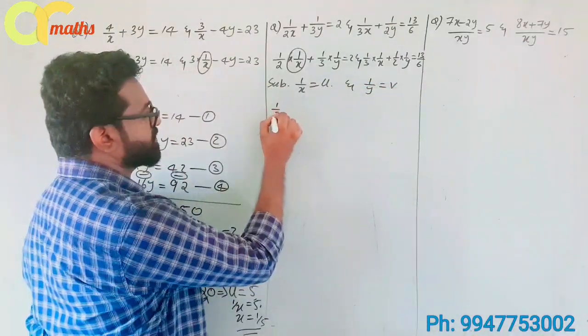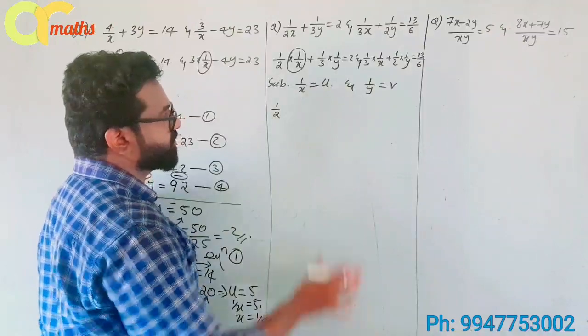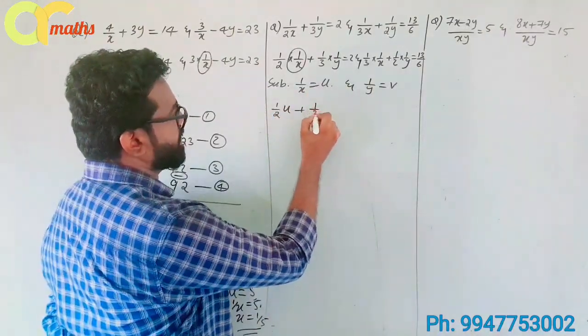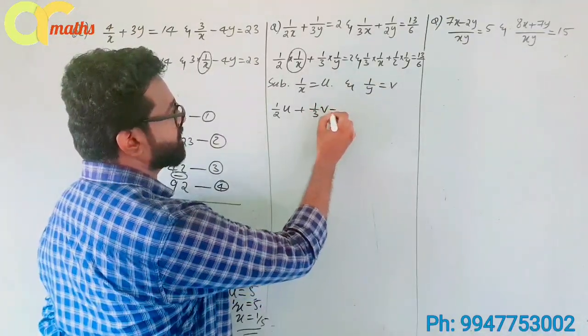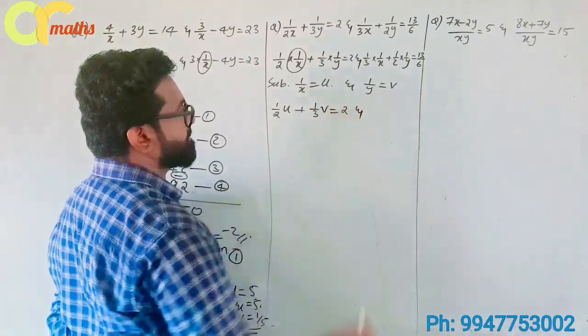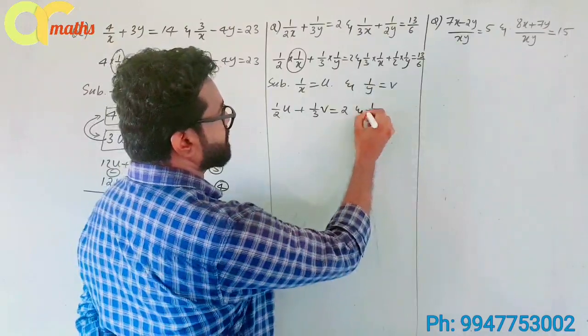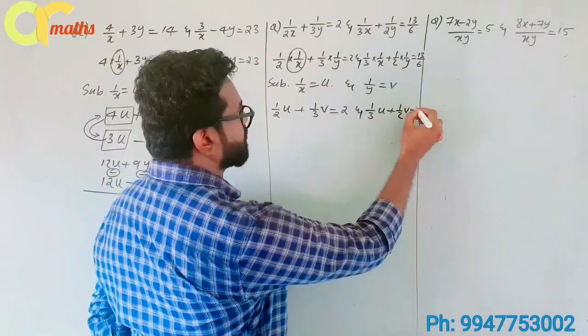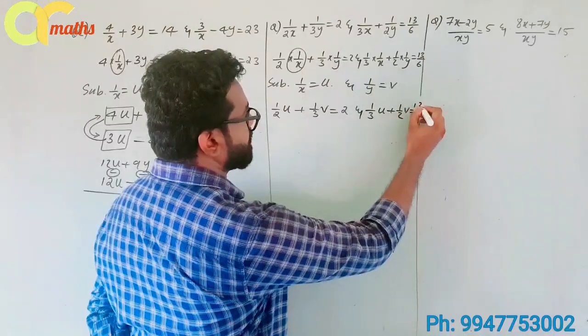So 1 by 2 into u plus 1 by 3 into v equal to 2, and 1 by 3 into u plus 1 by 2 into v equal to 13 divided by 6.